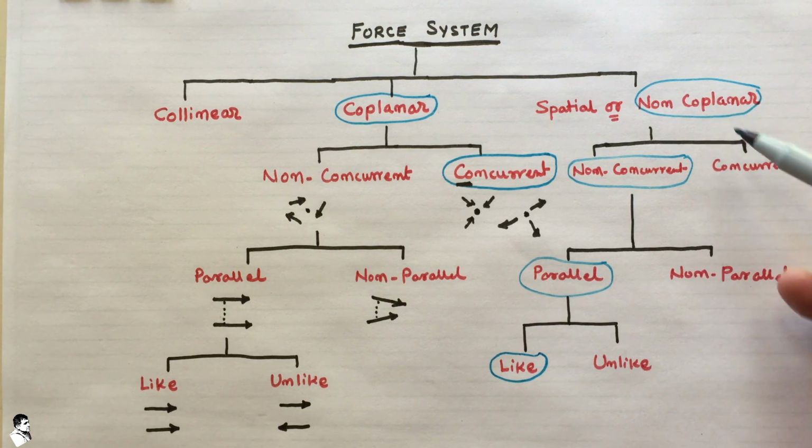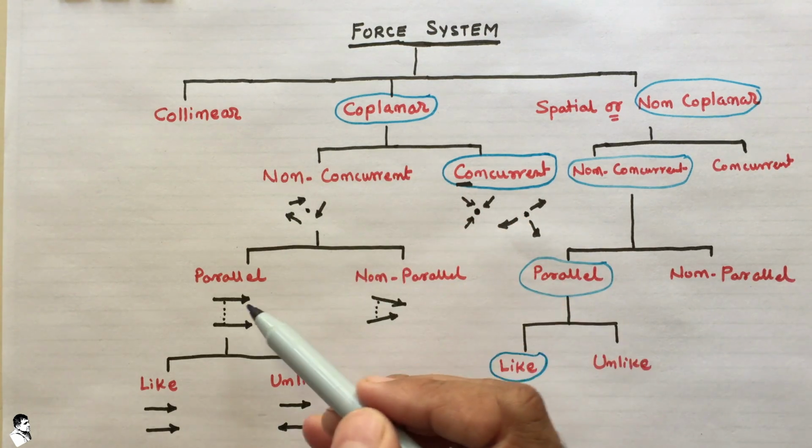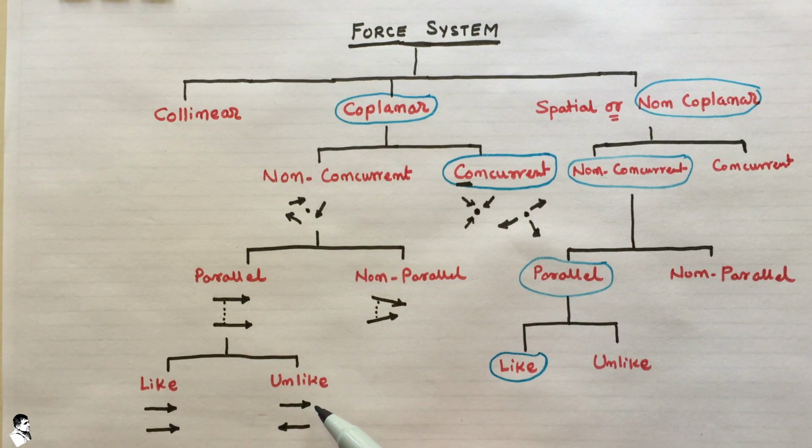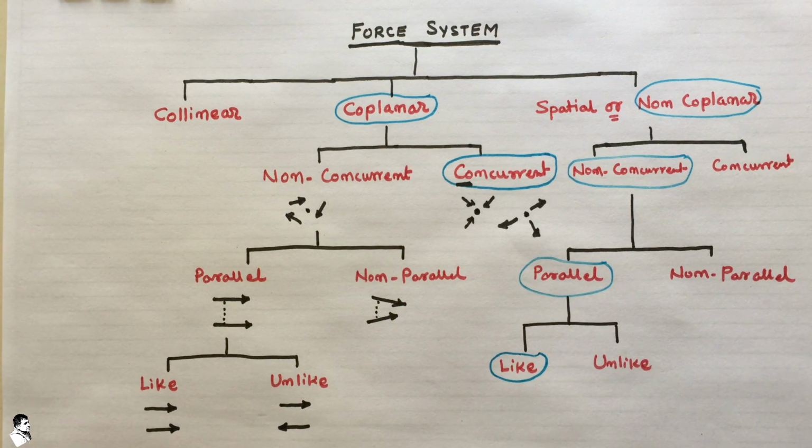Same way, non-coplanar concurrent non-parallel system. Here, coplanar non-concurrent parallel unlike system. So based on the categories, we have to identify and understand the proper force system. Now we are going to see the systems one by one in detail.